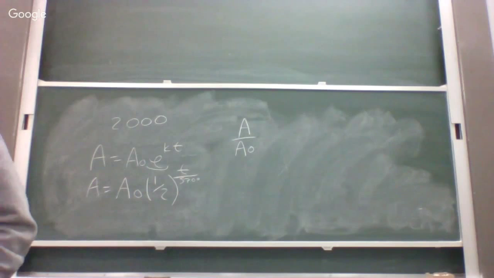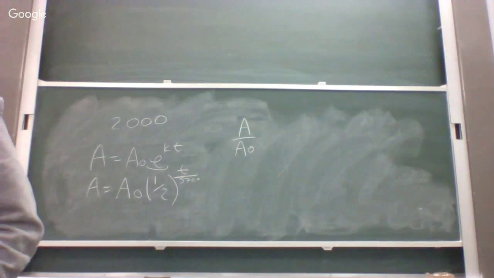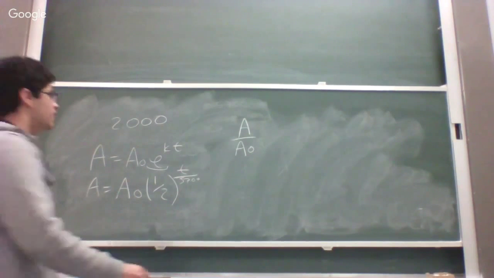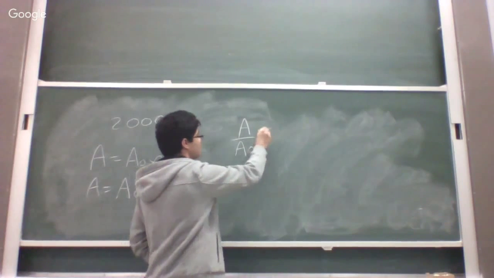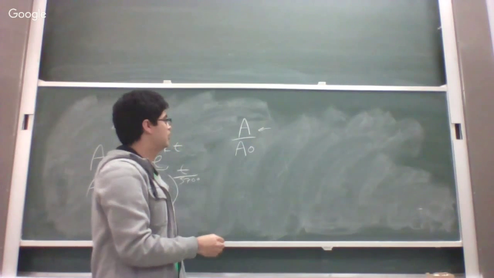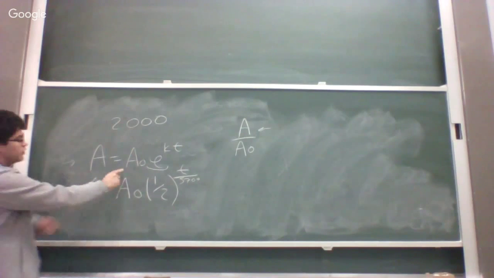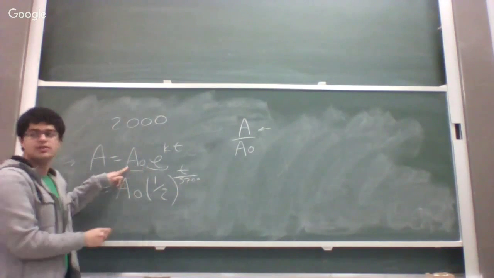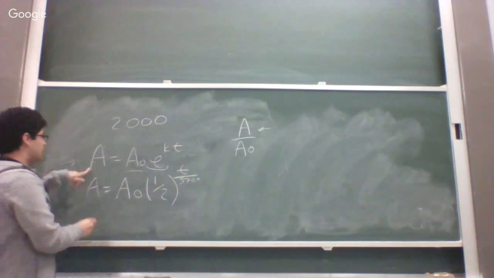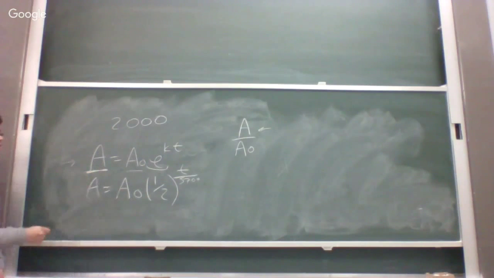Left is your final amount over what you started with. This is the amount which is left. That's what half-life gives us. In this equation, we start off with this amount, okay? The A which is left is the amount after a half-life.